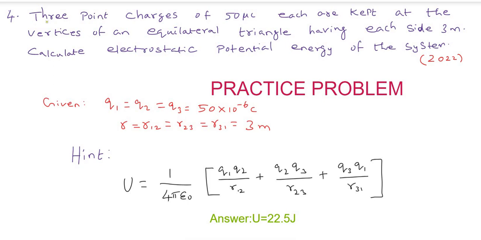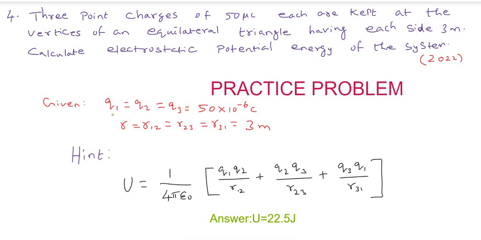Fourth problem, your practice problem. 3 point charges of 50 microcoulomb each are kept at the vertices of an equilateral triangle having each side 3 meter. Calculate electrostatic potential energy of this system. Board question paper 2022.